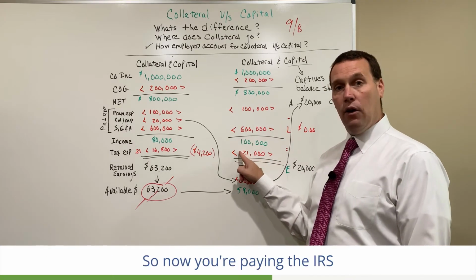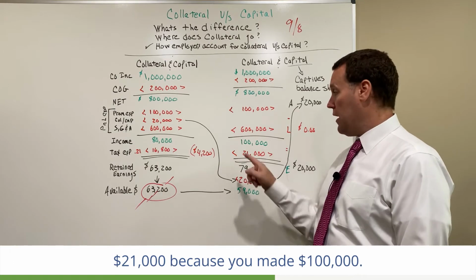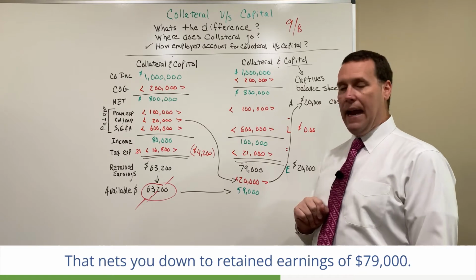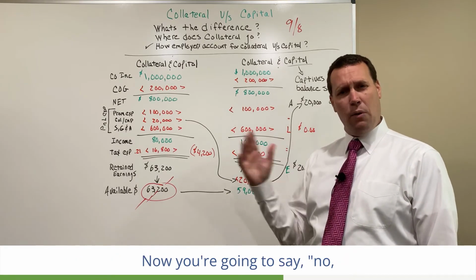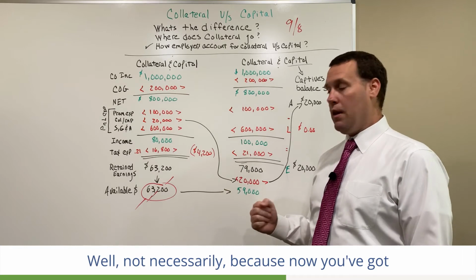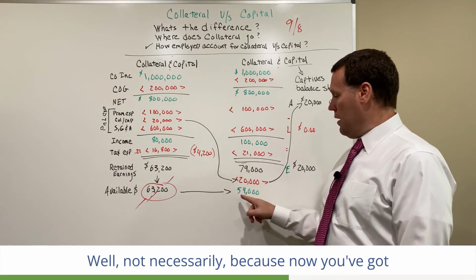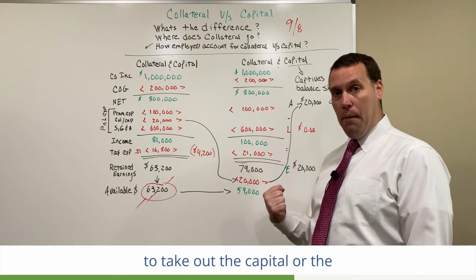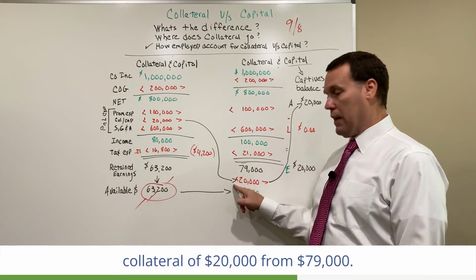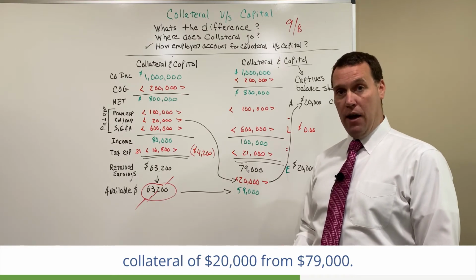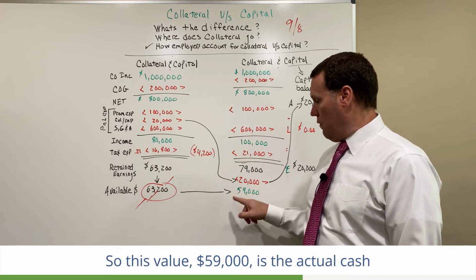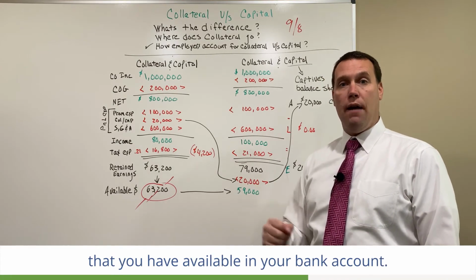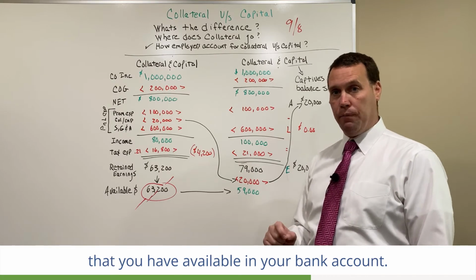So now you're paying the IRS $21,000 because you made $100,000. That nets you down to retained earnings of $79,000. Now you're going to say, no, wait a minute, that's even better. Well, not necessarily, because now you've got to take out the capital or the collateral of $20,000 from $79,000. So this value, $59,000, is the actual cash that you have available in your bank account.